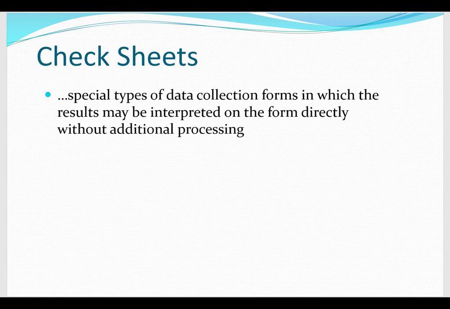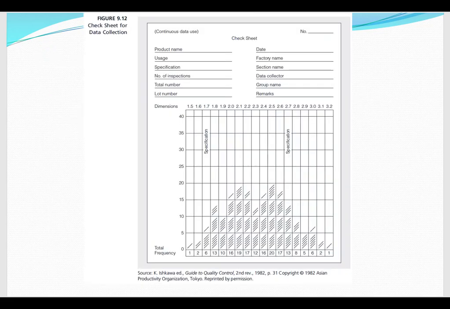Check sheets are special types of data collection form, and they generally are used more than anything to collect data so that we can build histograms and Pareto charts with them. Here are some examples of checklists. For this one, you can see that the frequency is listed here. You create ticks, and you have dimensions.